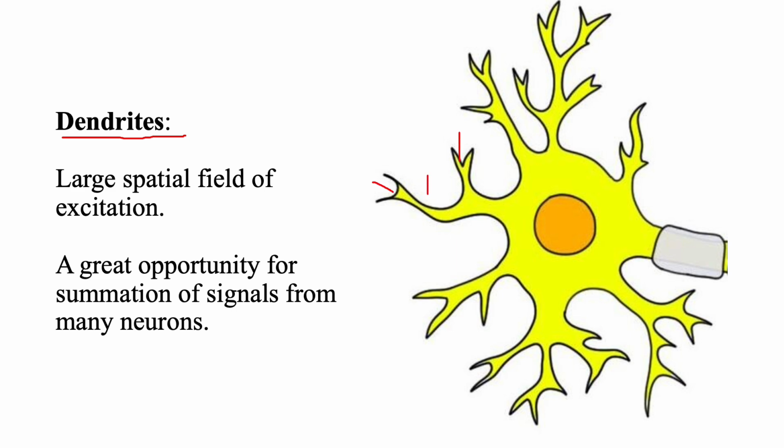For example, you can see a synapse here, here, anywhere in the dendrites we can have synapses, and increasing the number of synapses increases the opportunity of firing an action potential if they are excitatory, or maybe canceling each other if some are excitatory and some are inhibitory. So again, this is the axodendritic synapse.